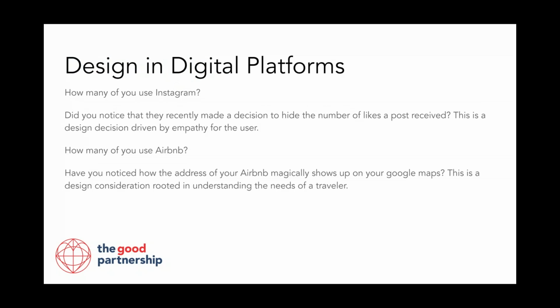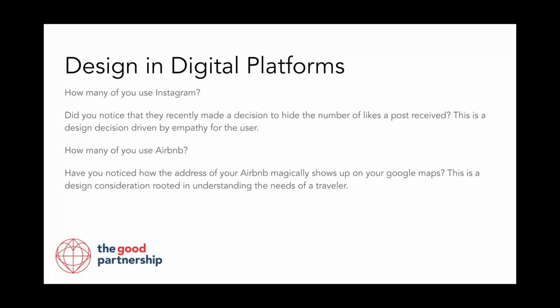Some of the companies that employ UX designers are where you might see design applied to technology without thinking of it. In Instagram, for example, I don't know if any of you noticed, recently they made a decision to hide the number of likes a post receives. You see the photo, but you can't see how many likes it has. You used to be able to. This is a design decision driven by empathy for the user.